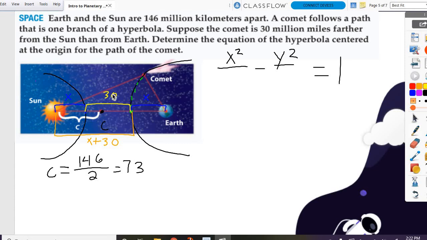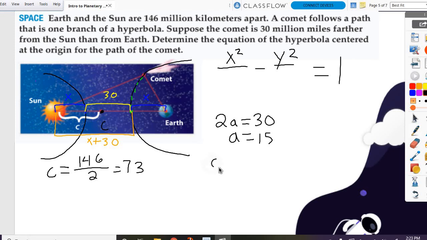Now remember that that's going to be the length of our transverse axis. That's important because remember that that is 2a. So we can set 2a equal to 30, and then we know that a equals 15.